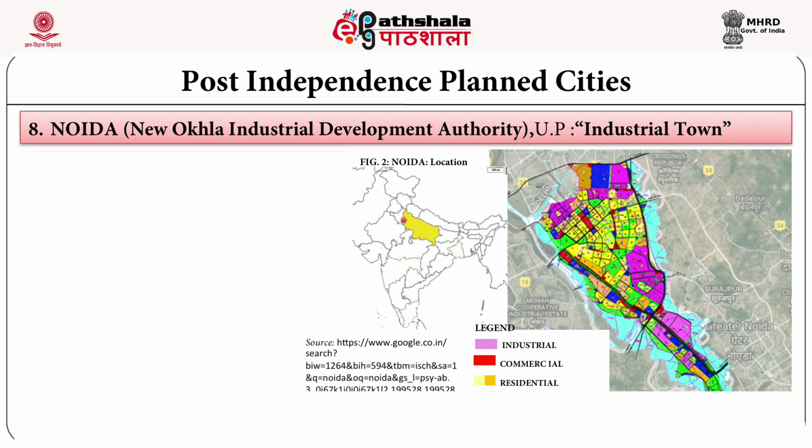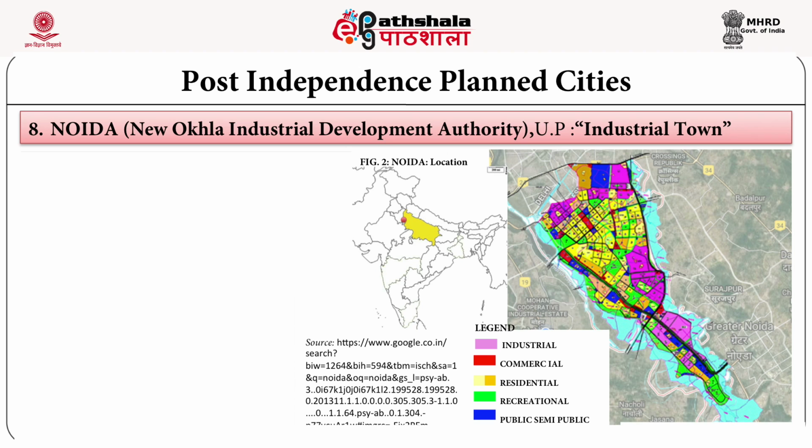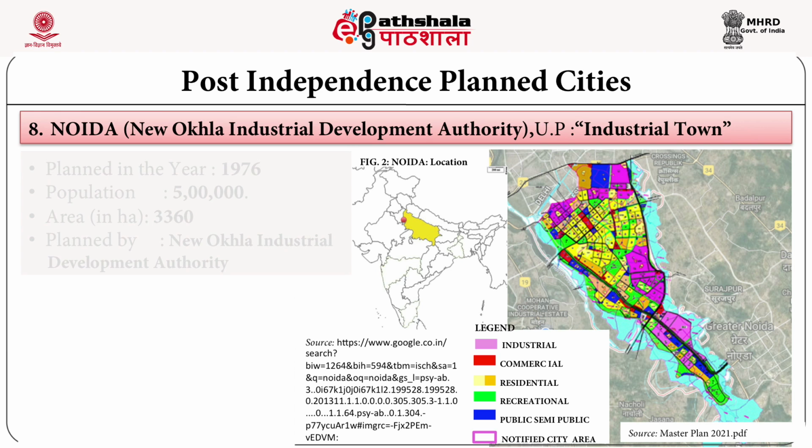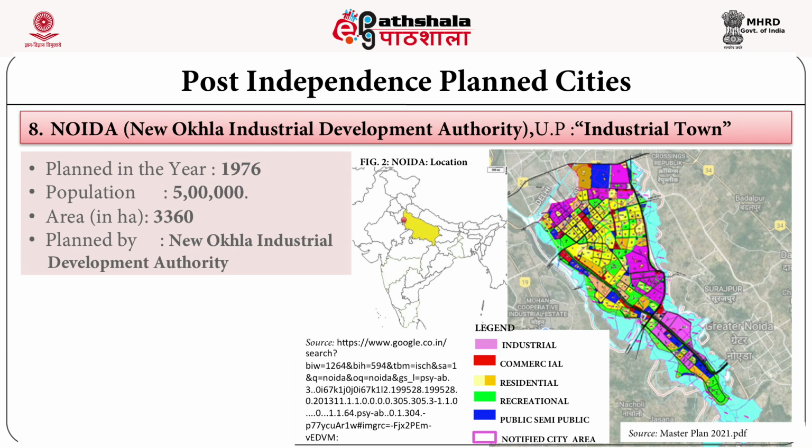It came up in Uttar Pradesh, adjoining the National Capital Territory of Delhi, and it was developed as an industrial town. It was planned in the year 1976 with a design population of 5 lakhs and an area of 3,360 hectares, by the New Okhla Industrial Development Authority.